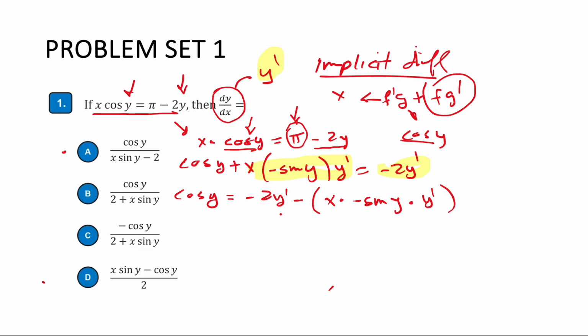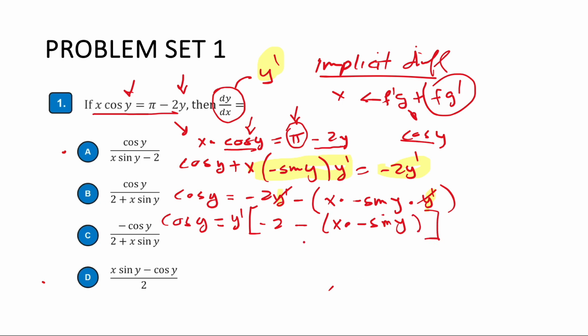When you look at our result, you notice that there are two terms that have y prime, okay? They are on the same side, so I can factor the y prime out of the expression, okay? So let's do that now. Cosine of y equals y prime, so I got rid of them. I open my parentheses and write down what's left, which is negative 2 minus, open parentheses, x times negative sine of y, and then close my parentheses.